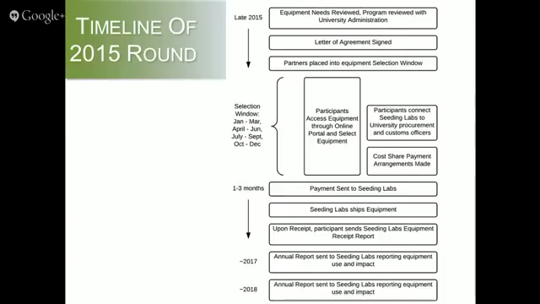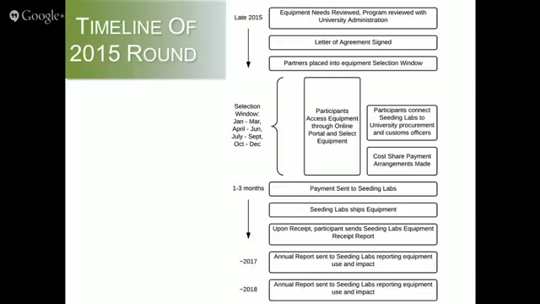These selection windows will run from January to March, April to June, July to September, or October to December. During your selection window, you get access to our equipment through our online portal, and you'll be able to select equipment. We'll also be asking you to connect us to your university procurement and customs officers so that we can make arrangements for cost share as well as for clearing customs.